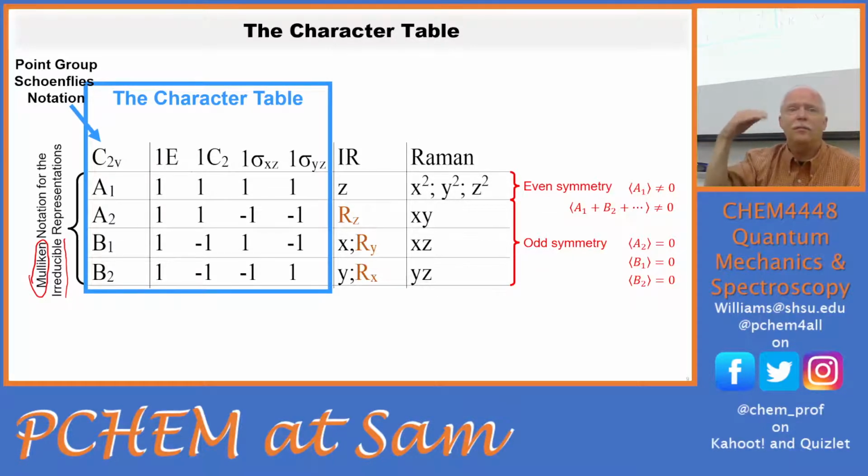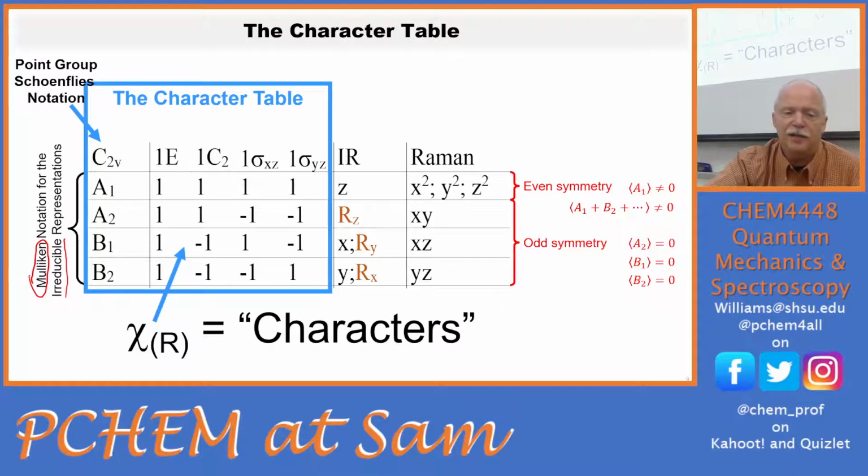They're not the sum of other rows. We can make a reducible representation that is a sum of all of these irreducible representations, but that's one thing that we'll get into. If you take advanced inorganic, then you'll end up making a reducible representation and then breaking it down into the number of rows of each type of symmetry. And these things in the middle, the +1s and -1s, are the characters associated with each one of those irreducible representations.